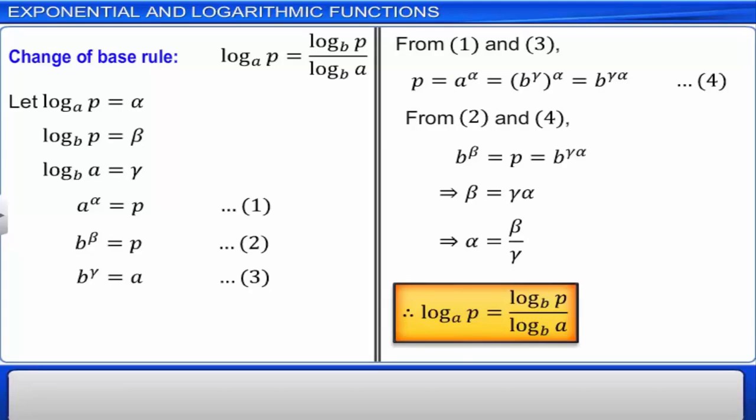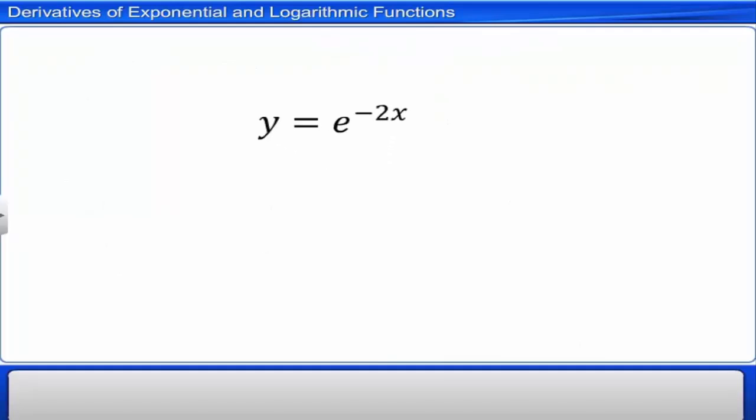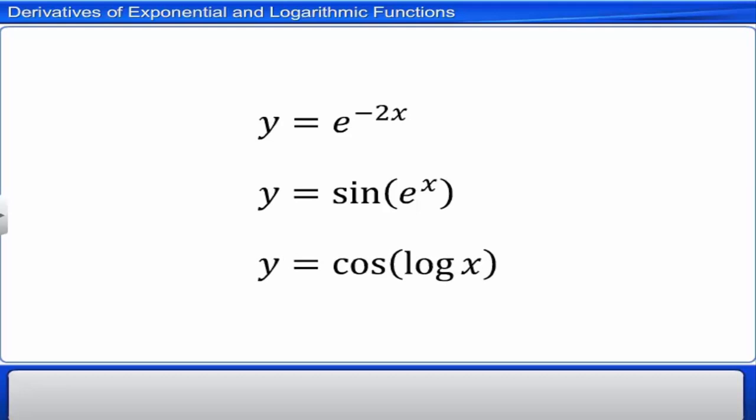Let's look at the relations y is equal to e raised to the power minus 2x, y is equal to sine of e raised to the power x, and y is equal to cos of log x. Clearly, these are composed of exponential and logarithmic functions.